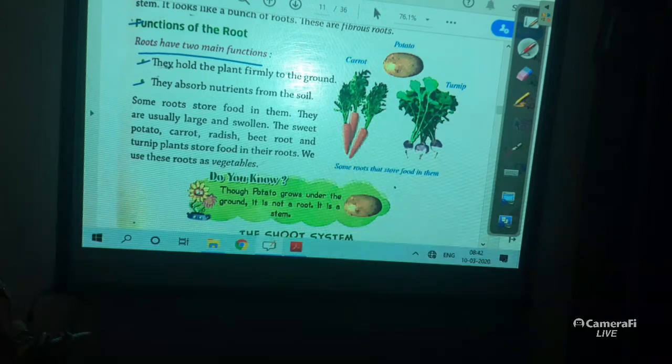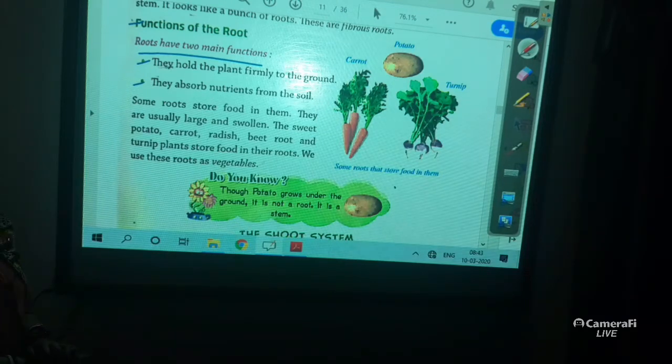So what work does the root do? One, they hold the plant firmly to the ground, and secondly they absorb nutrients from the soil. Now some roots store food in them.